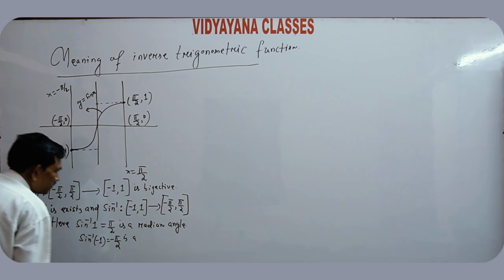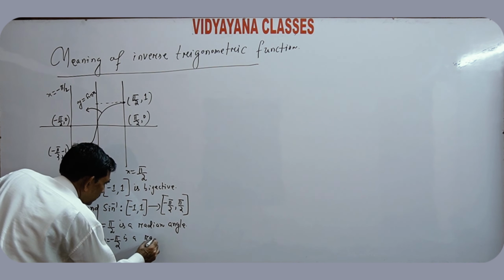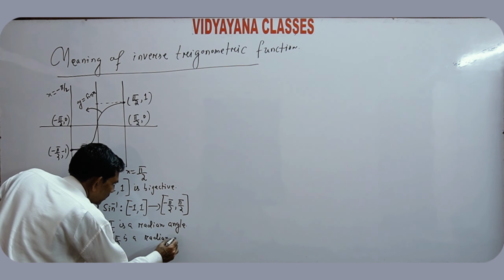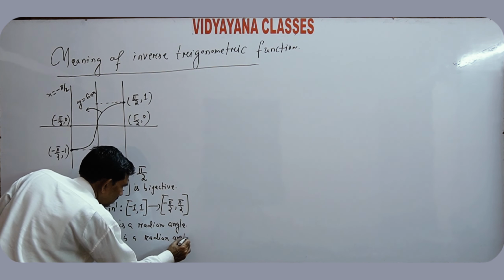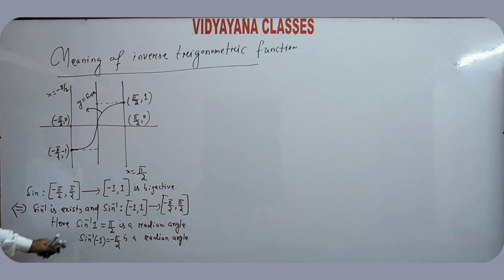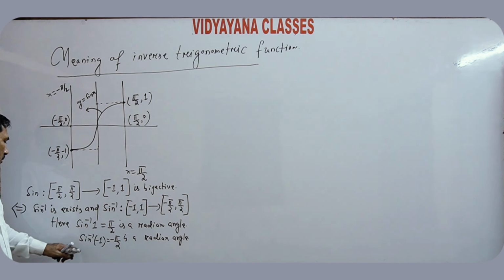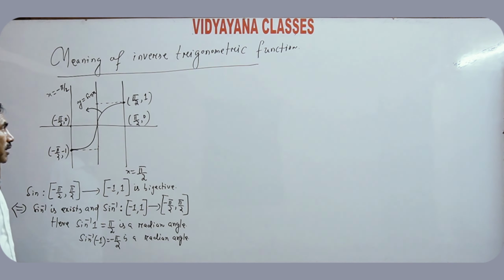is a radian angle. Sin inverse 1 is a radian angle. Sin inverse minus 1 is a radian angle.